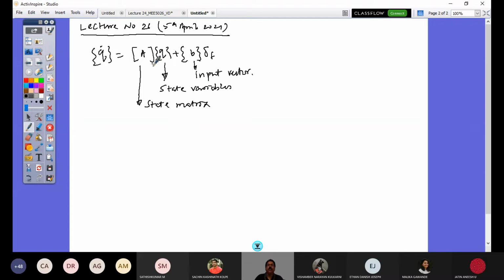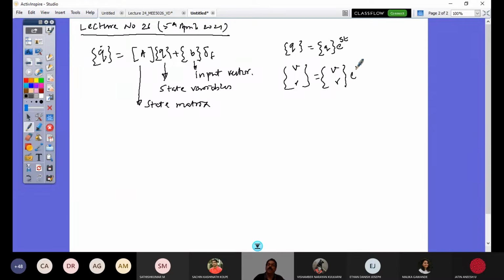Now, the advantage here is, let me take this state variable Q, which is represented by Q times e raised to st. That means here I have my state variables V and R, so that would be equal to V R e raised to st. This is a trial solution function.